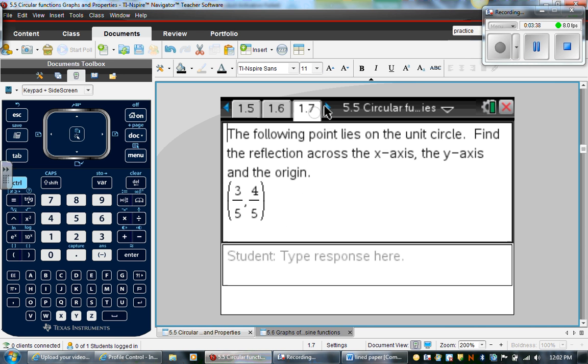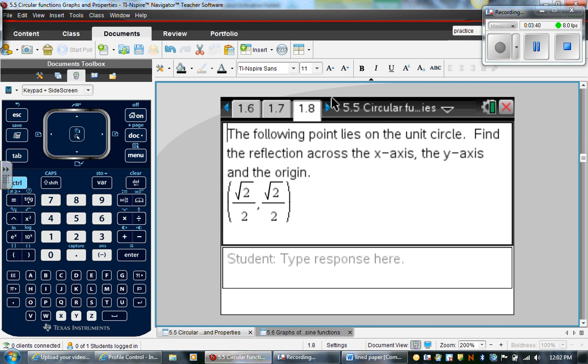Okay, so let's take a look at the next one. The following point lies on the unit circle. Find the reflection across the x-axis, the y-axis, and the origin. So square root of 2 over 2, square root of 2 over 2.